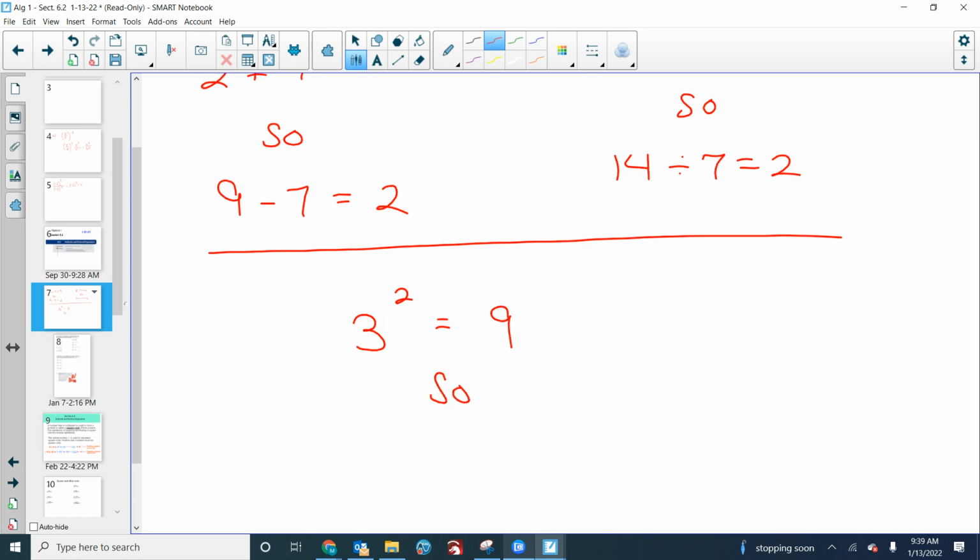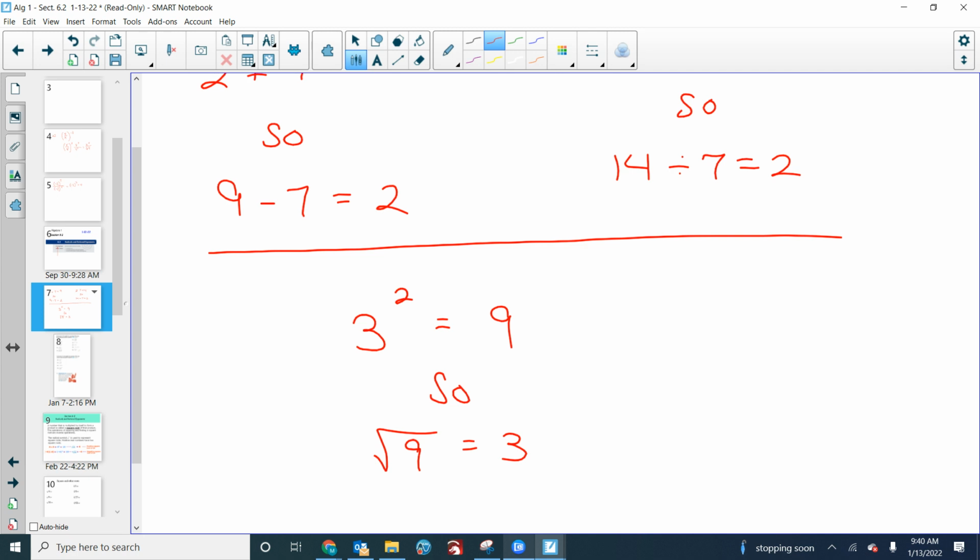So what's the inverse operation of that process? Not subtraction, not addition, not multiplication, not division. It's something you may have learned already. Very good. So the square root of 9 is 3. Do you agree with that? Squaring and square rooting are inverse operations.